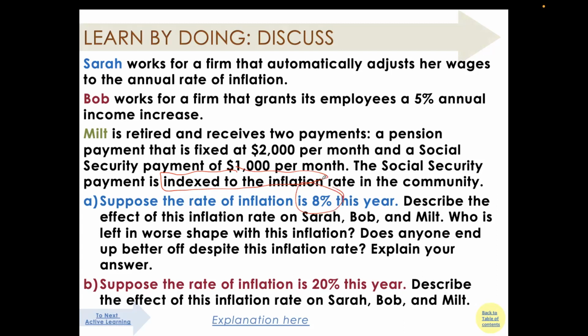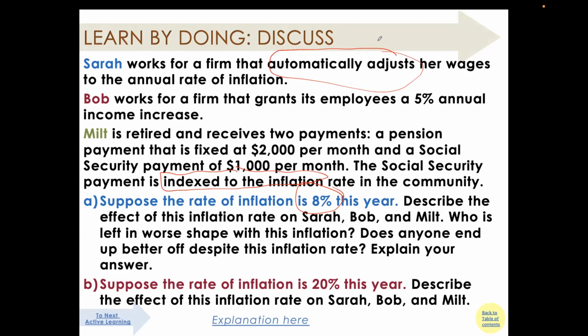Now let's see if there's an inflation of 8% this year. What does this mean to each individual? Let's start with Sarah. What does that mean to her? With 8% inflation, first, what happened to her salary? The key is her salary is going to automatically adjust.